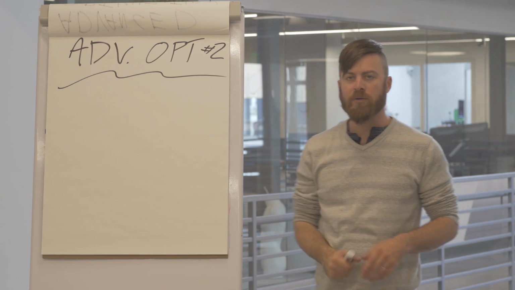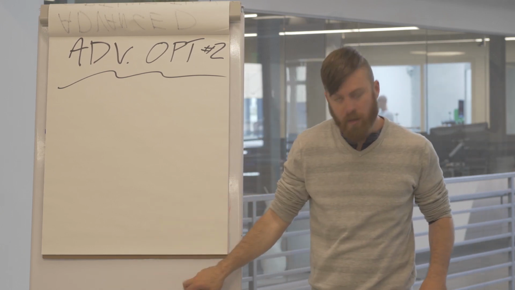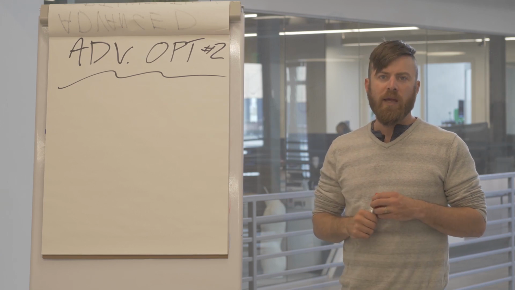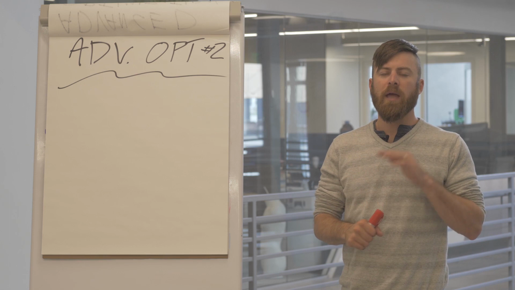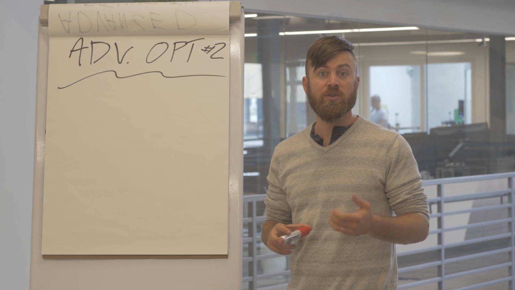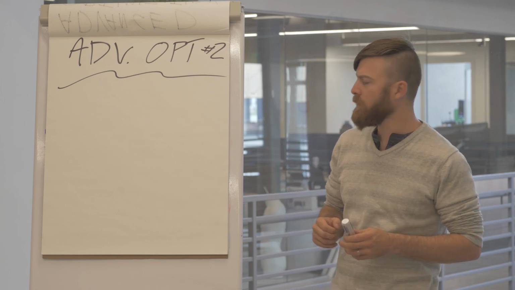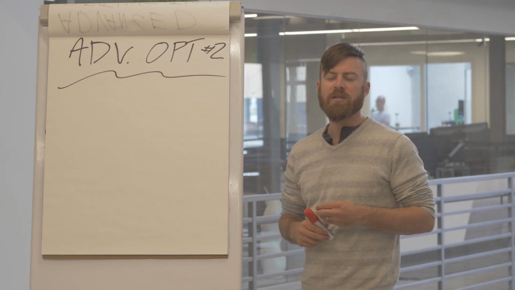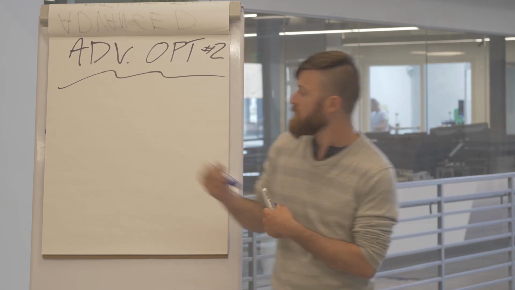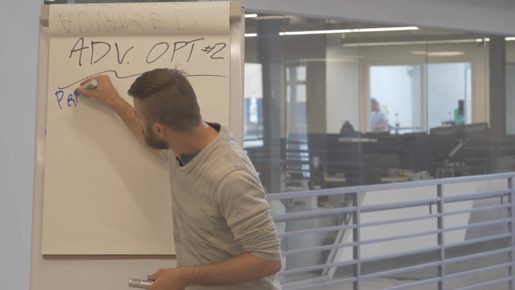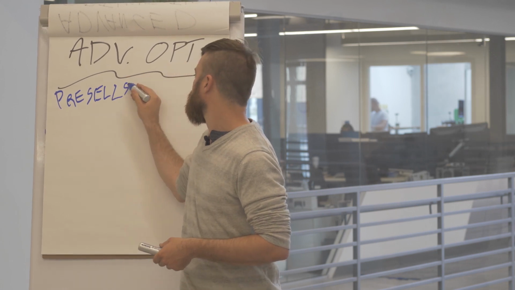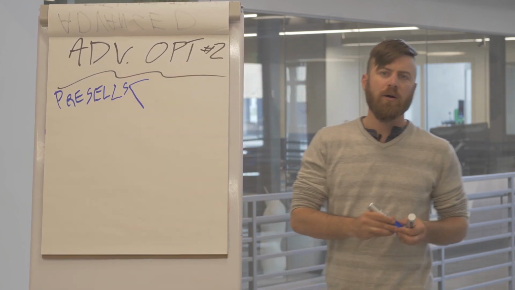Okay, so part two of advanced optimization. There are a number of other different ways you can optimize your advertising. So we discussed targeting. Ads are pretty straightforward, and ads are going to be the main thing that you're optimizing for. But I would also encourage testing elements on your pre-sales pages.